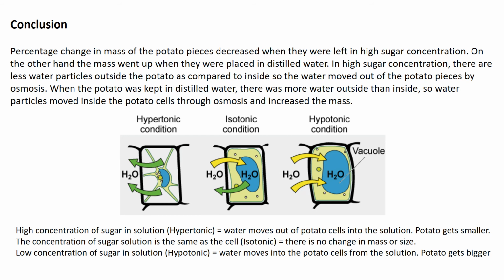And then we can make some conclusions. And this is a model answer for you. So the percentage change in mass of the potato decreased when they were left in higher concentration. And on the other hand, the mass went up when they were placed in distilled water. Think about how you could explain this, the idea of hypertonic, isotonic and hypotonic conditions.